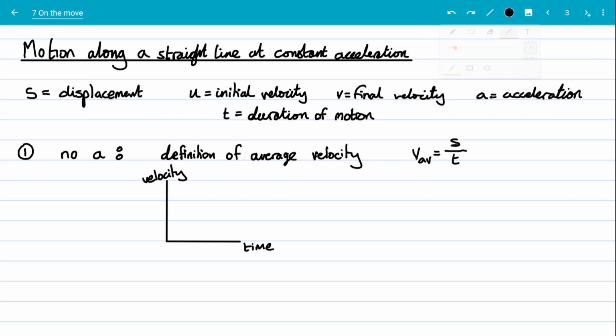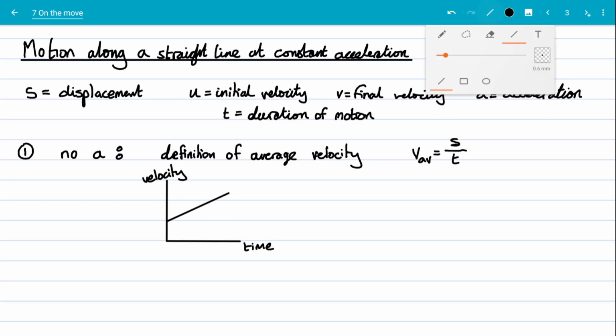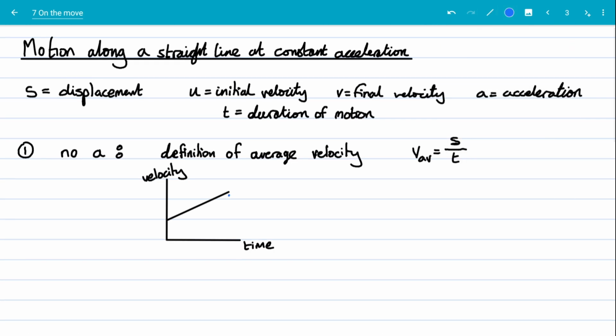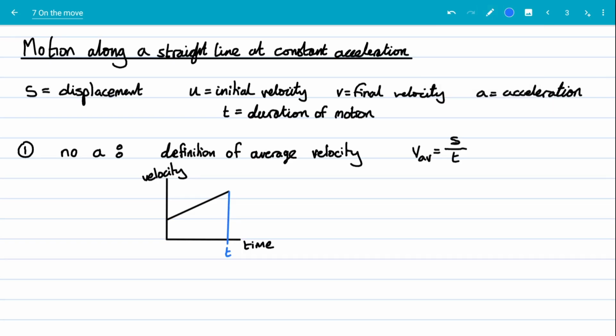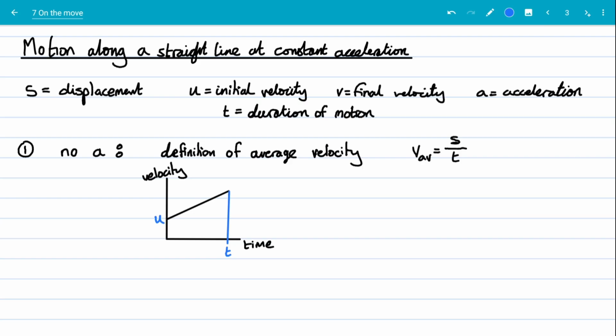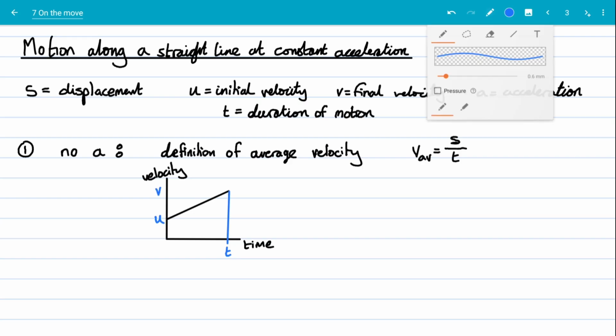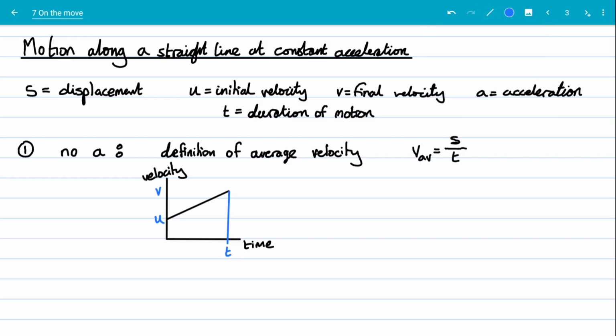This was a GCSE thing. So hopefully you remember this from GCSE. If you don't, panic not. It's okay, you're studying A-level now. So we've got some instant in time here, which we can call t. We have our initial velocity u and our final velocity v, like that.